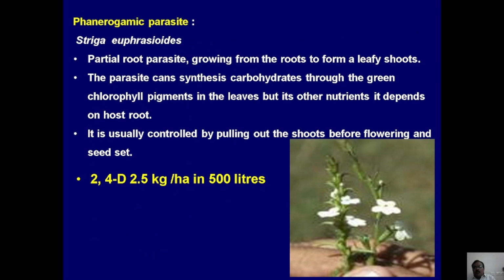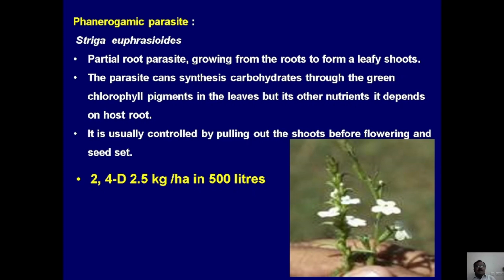And one more severe problem is the growth of a phanerogamic parasite, that is Striga euphrasioides, in the field, which is also a menace in recent days. It is a partial root parasite growing by attaching itself to the roots of the sugarcane plant, and it forms leafy shoots just at the base of infected canes.